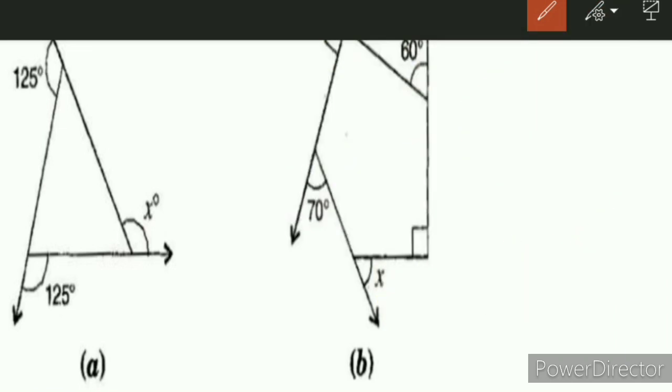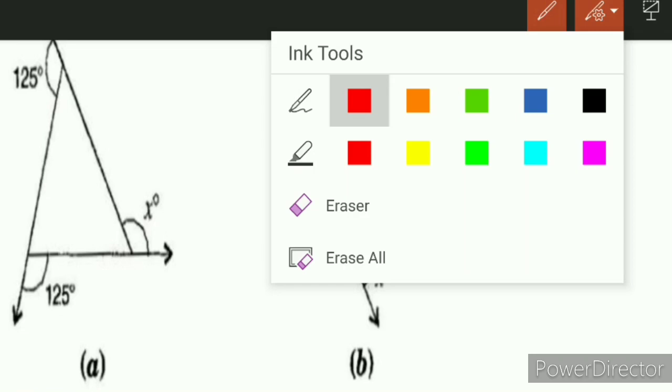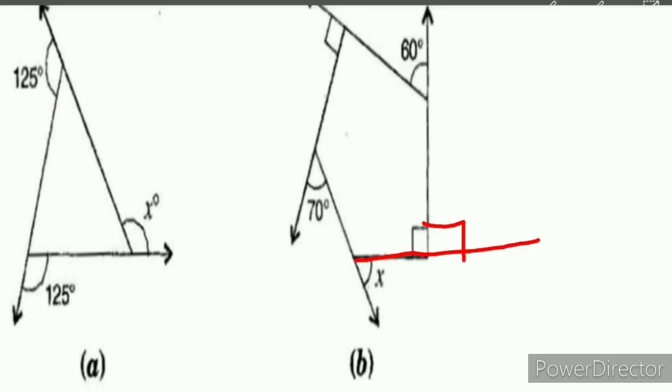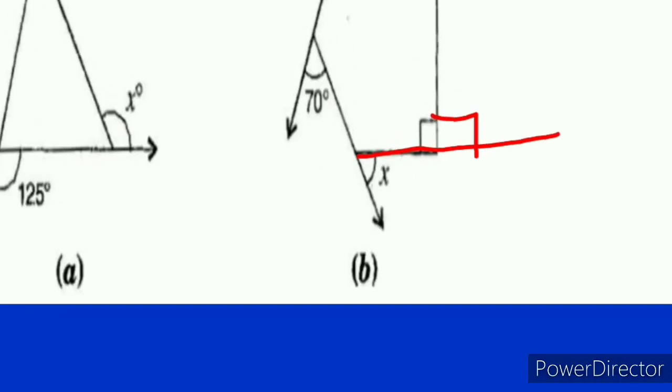What will we get? 90 degrees outside. If we extend this side we get the exterior angle, which is also 90 degrees. Now how many angles do we have in total? 5 angles, 5 exterior angles.